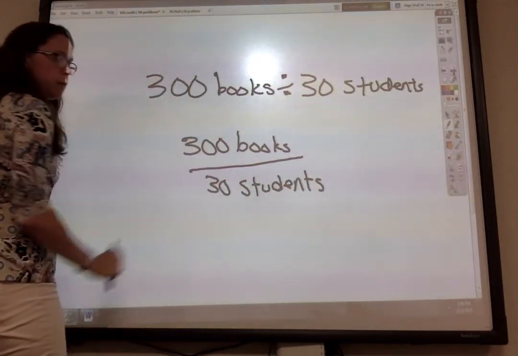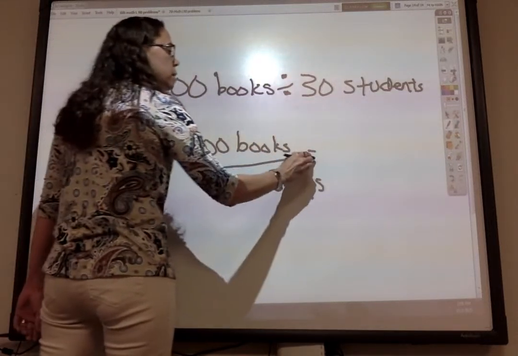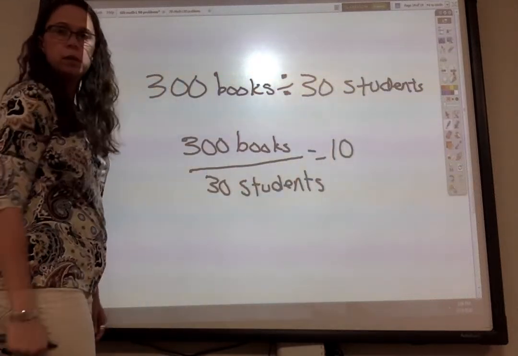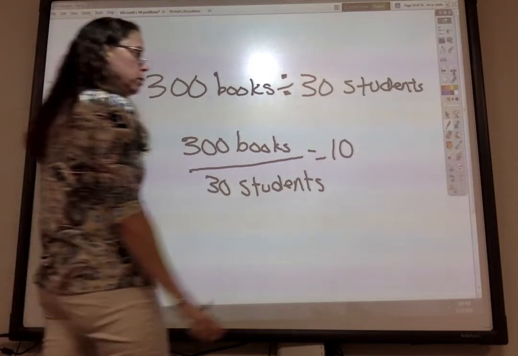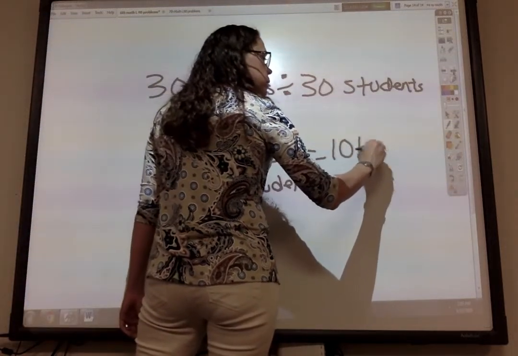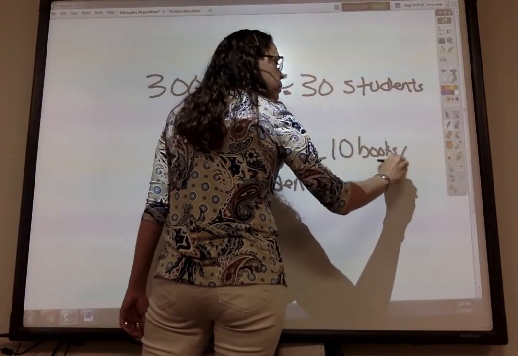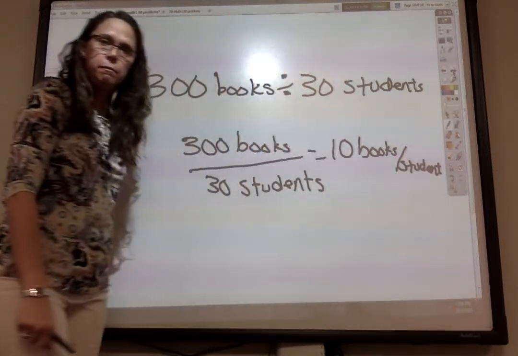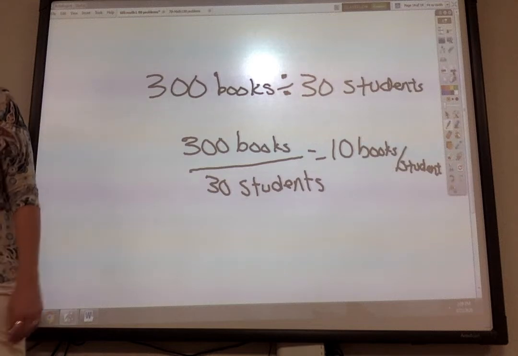Now 300 divided by 30 gives us 10. Now my books and my students don't cancel, so I have to keep them both. 10 books per student. Okay? 10 books per student.